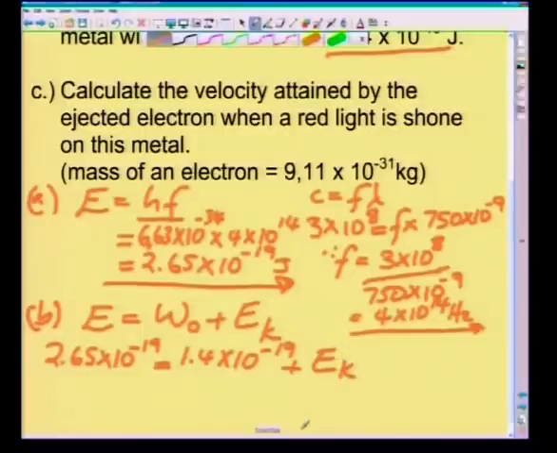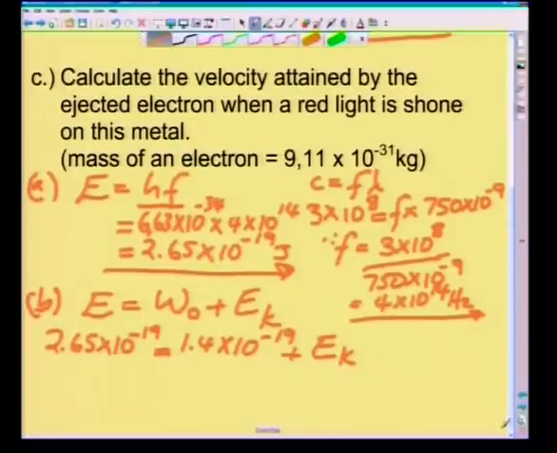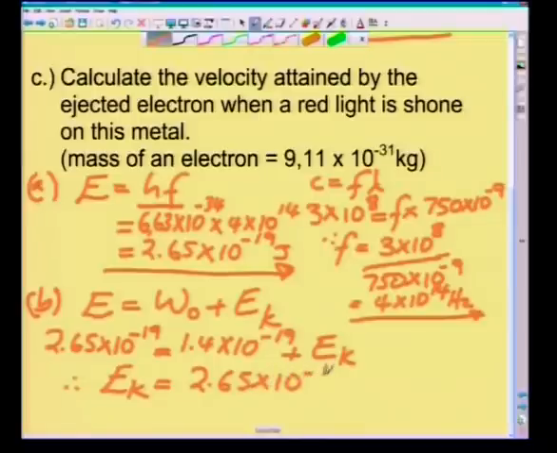Now, what is EK? Therefore, EK equals 2.65 by 10 to the power minus 19 minus, we're taking this one to the other side, minus 1.4 by 10 to the power minus 19. And what is the answer?